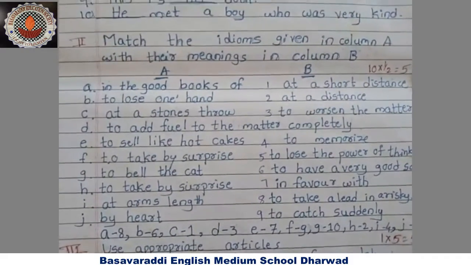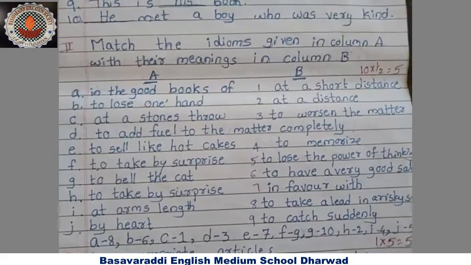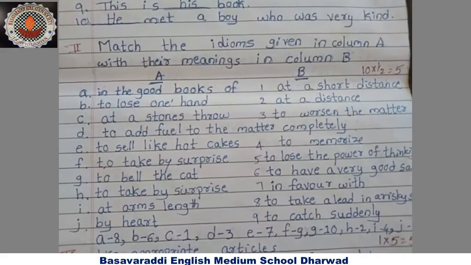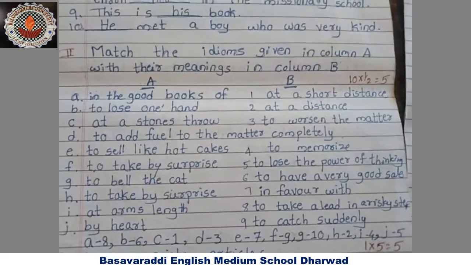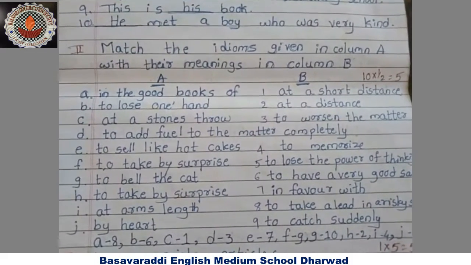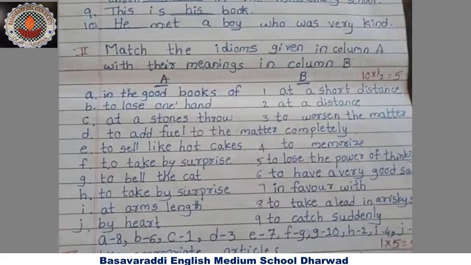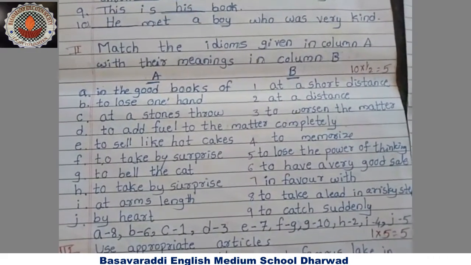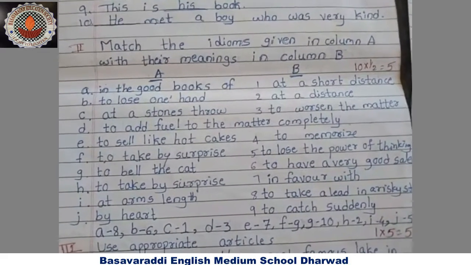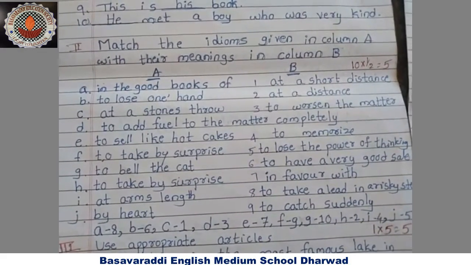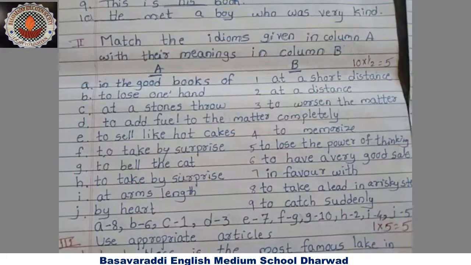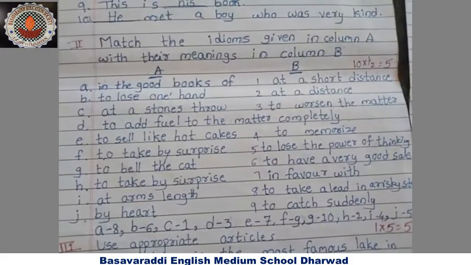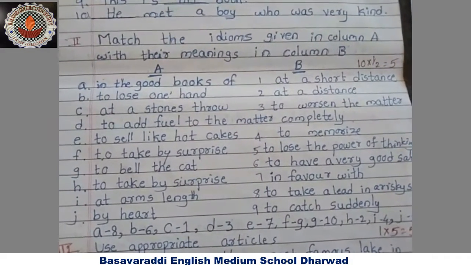First one, in the good books of means to have a very good sale. To lose one hand means to have a very good sale. At a stone's throw means at a short distance, very close.